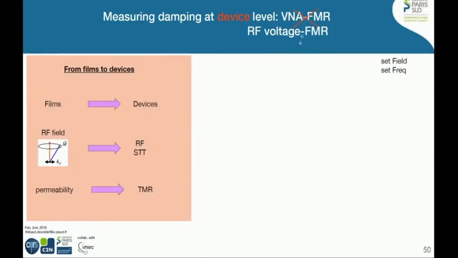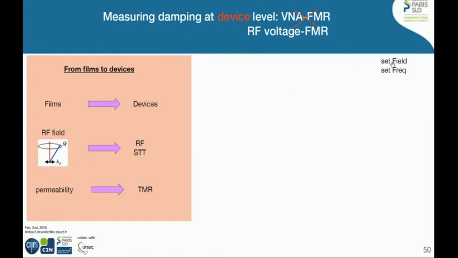So VNA FMR is not sensitive enough to work at device level. So when we go from films to devices, we will replace the RF field that was used for FMR by an RF spin torque that is localized on the device, and instead of measuring the permeability, we'll simply measure the tunneling magnetoresistance. So the experiment is simple, at least on paper.